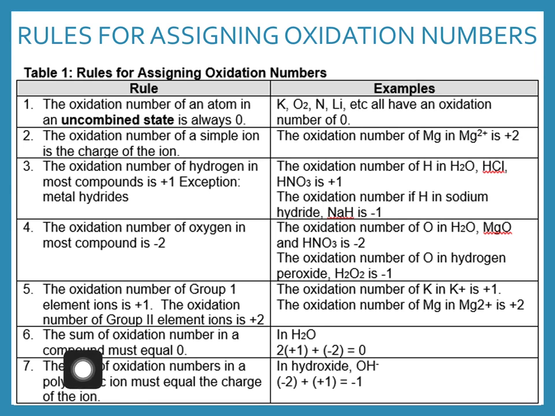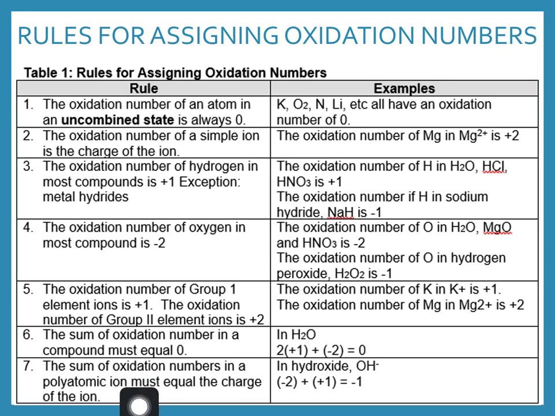Any compound, so something that is neutrally charged, the sum of its oxidation numbers has to equal 0. So we have rules for certain elements, or groups in the periodic table, and other things we can figure out based on this rule where the sum has to equal 0 for a compound.